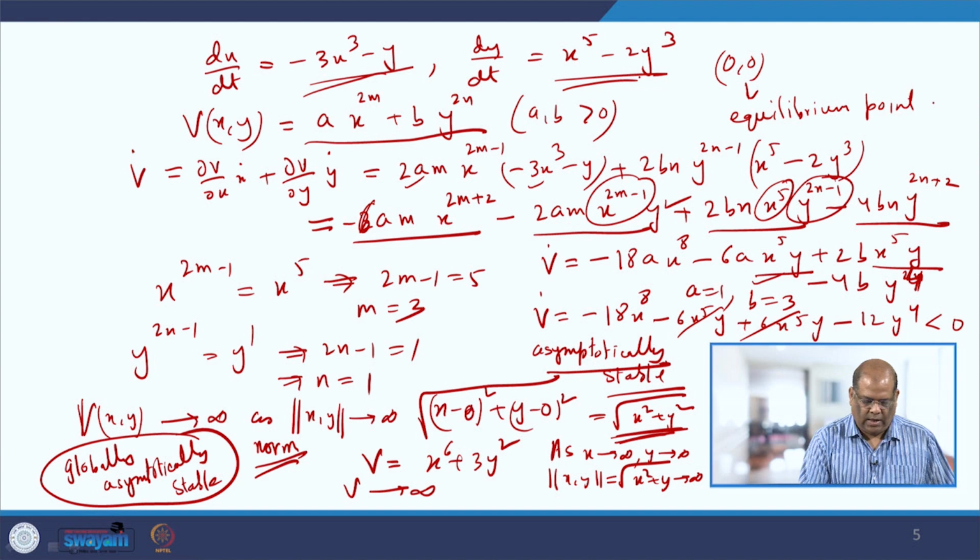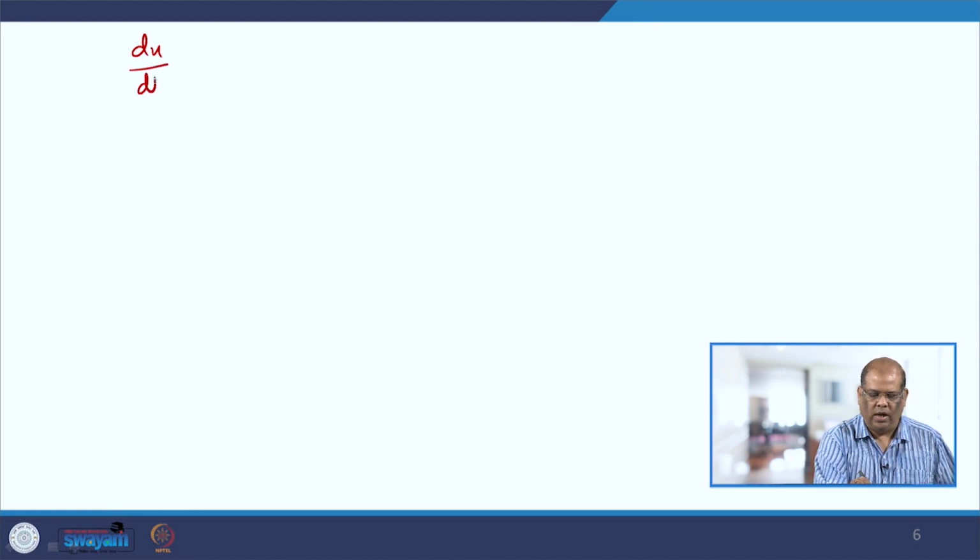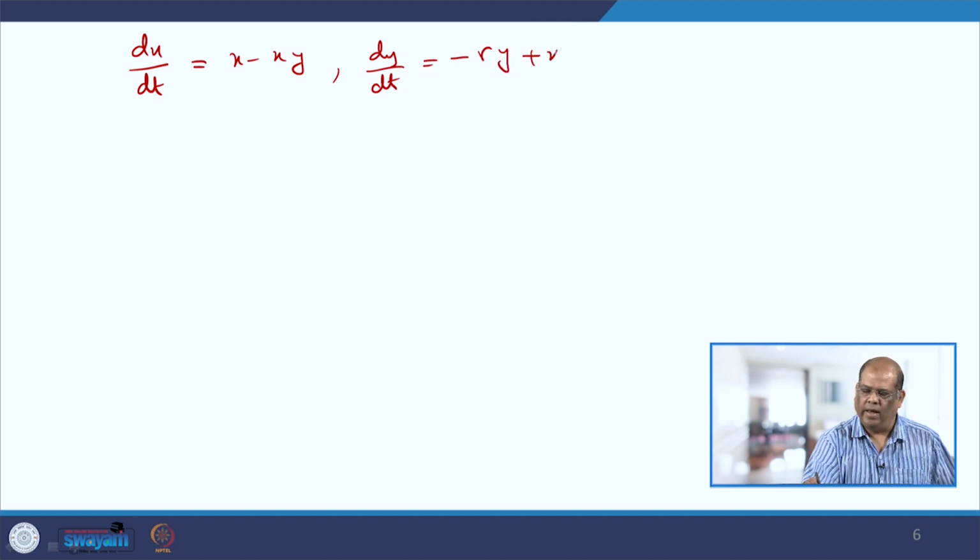In our next example, we take an equation where you have an equilibrium point (x star, y star) which is other than (0,0). So, dx/dt equals x minus xy and dy/dt equals minus gamma y plus xy. So, let us take this particular example.